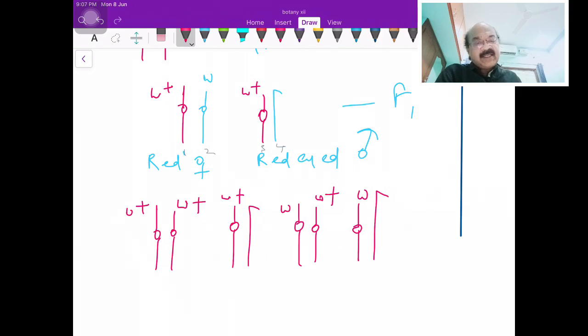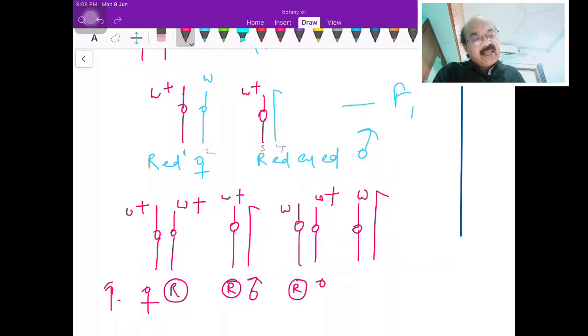So what is this first one? This is female and it is red-eyed. The second one is a red-eyed male Drosophila. The third one is a red-eyed female Drosophila.